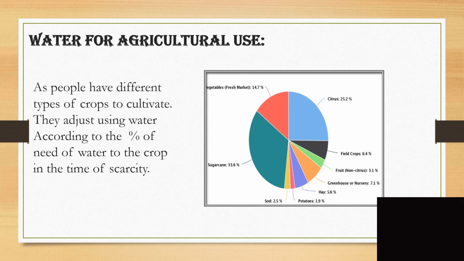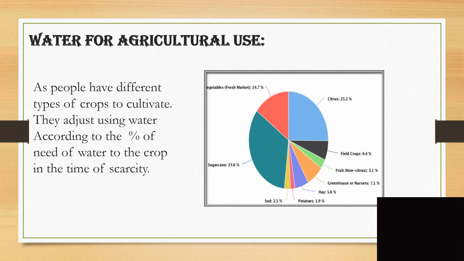For greenhouse or nursery, he is using 7.1% of the water. For the hay, it's a type of plant, it is 5.6% of the water. But when it comes to potatoes, it's just 1.9% of the water because it is an underground plant, so it needs less water compared to others. And for others, he is using 2.5% of the water.